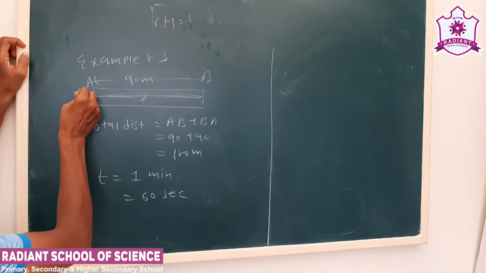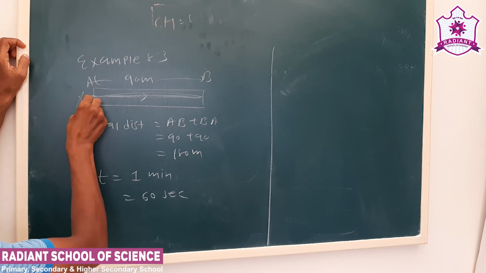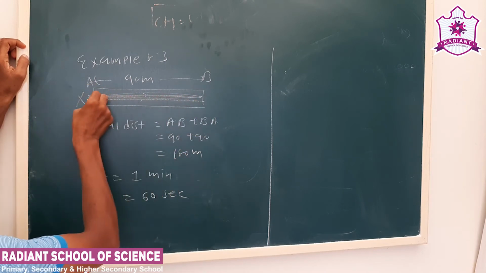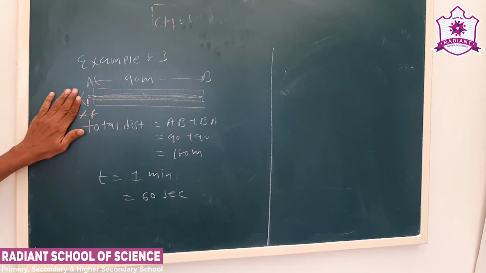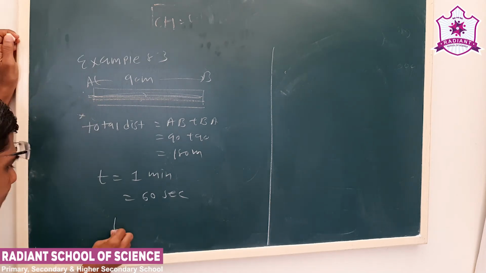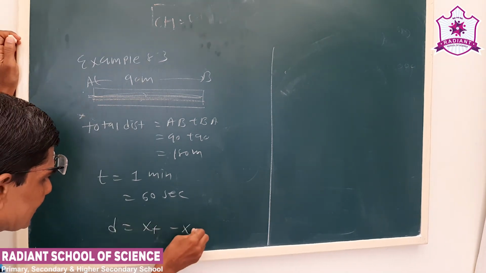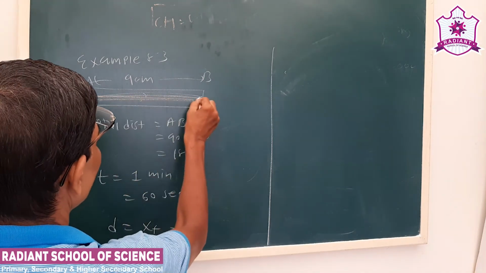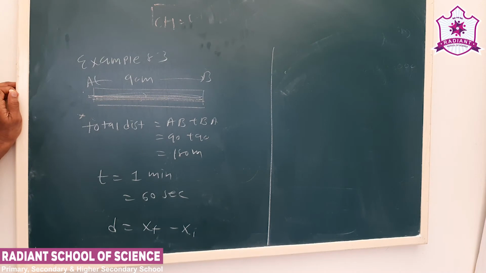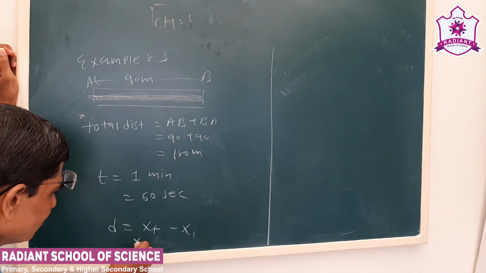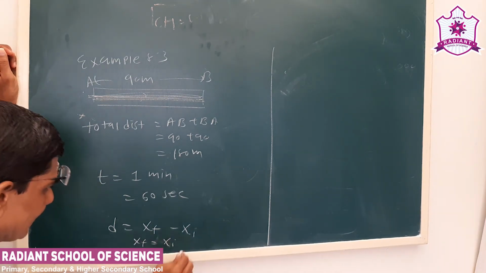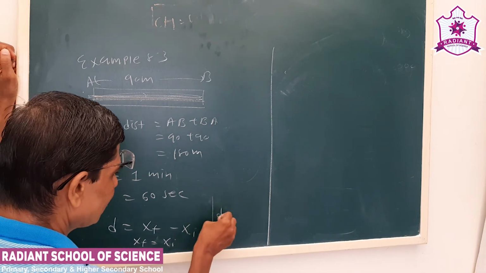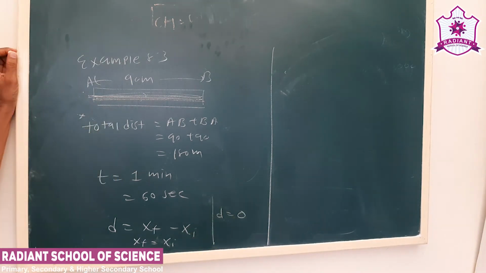Displacement is change in position, that is xf minus xi. But when she travels 180 meter from A to B and B to A, she finally comes back to the same position. So xf is xi.